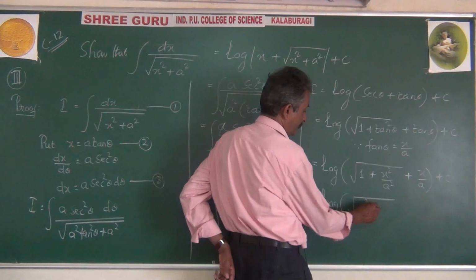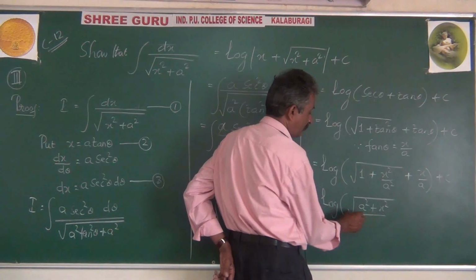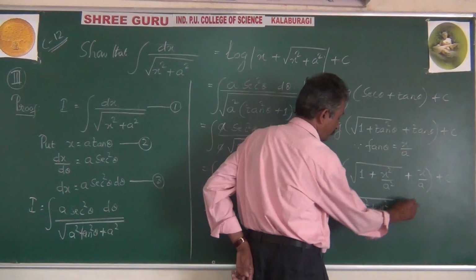What does it become? a square plus x square divided by a square, plus x by a.